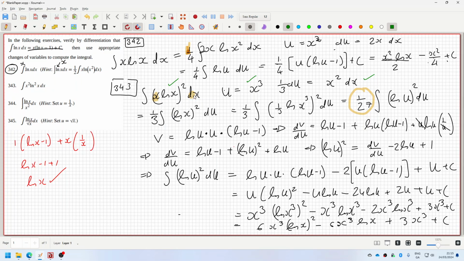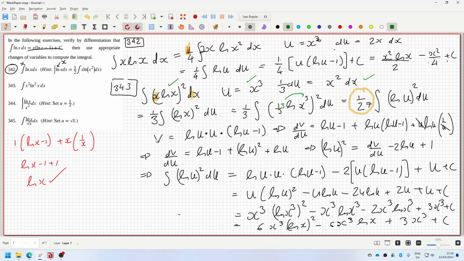I replaced the dx and the x squared with 1/3 du and log x. So that's 1/3. And then I changed that into 1/3 times 3 and then brought the 3 up. So that's 1/3 squared is 1/9 times the 3 is 1/27 log u squared.